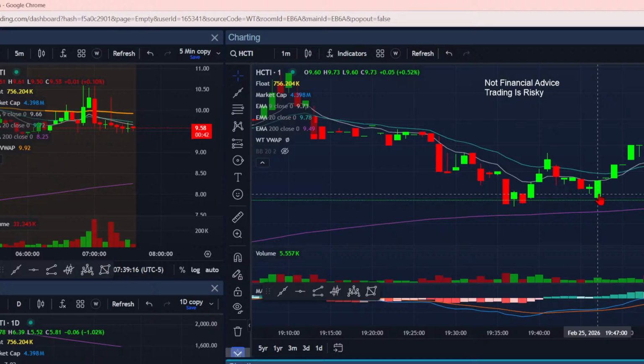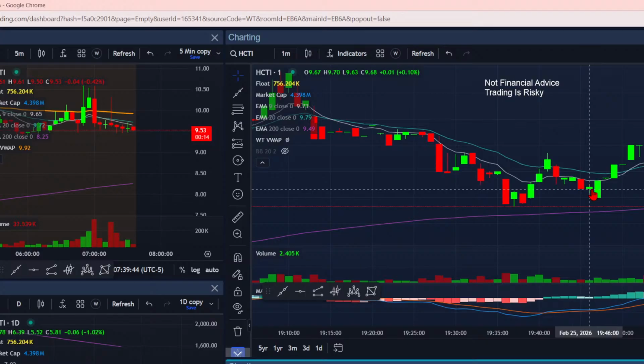So it hit a low of 960, all right? But it also opened at 960, and then it closed at 973 and it also made a high of 973. The reason it closed green instead of red is because of what it opened at.